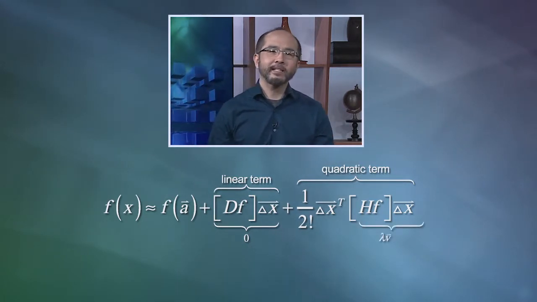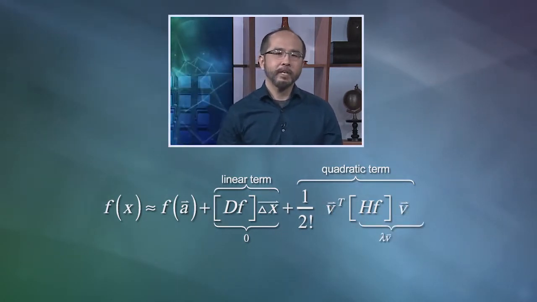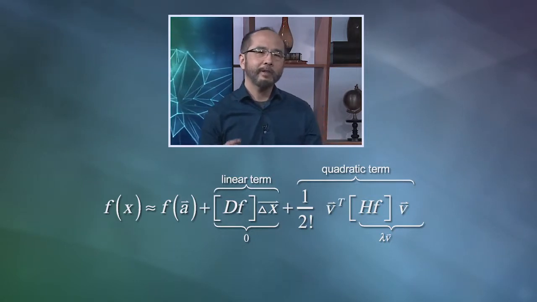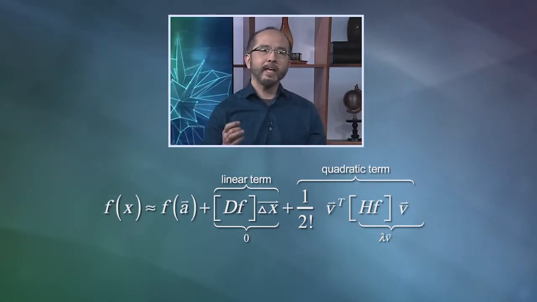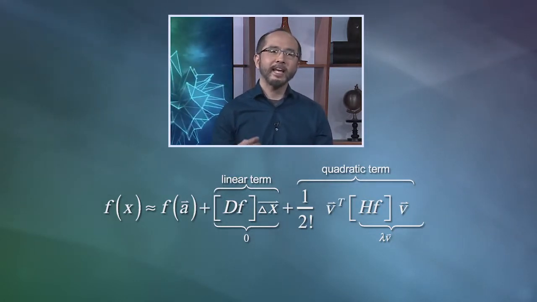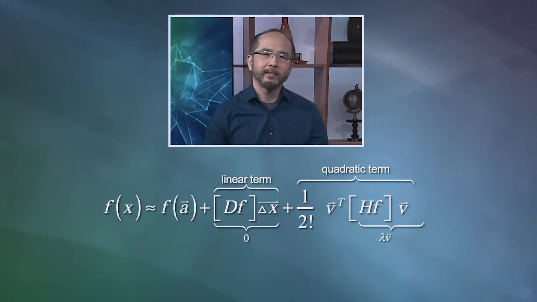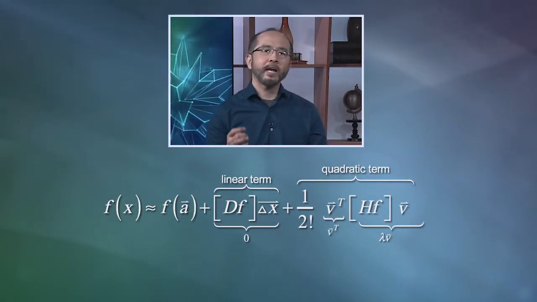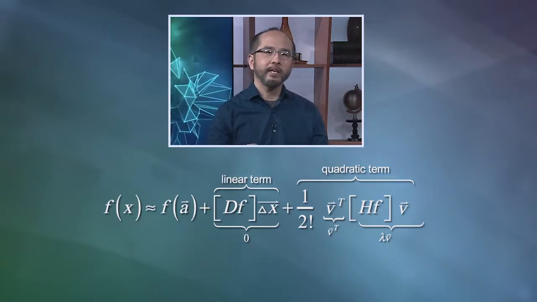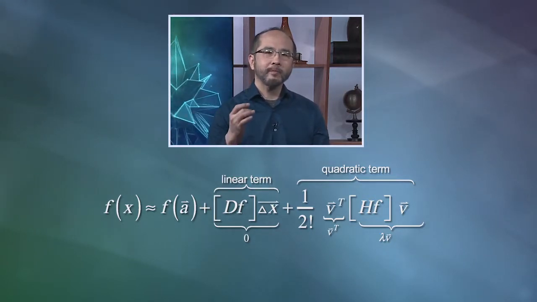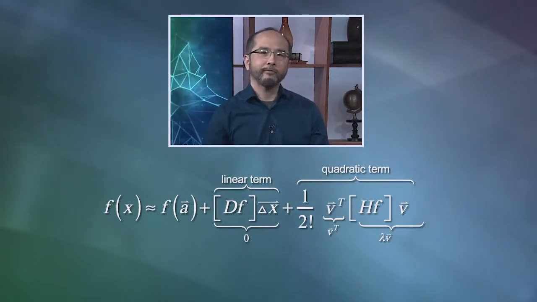So if delta x is an eigenvector v with positive eigenvalue lambda, then Hf acts on it like scalar multiplication by lambda. So we just get the dot product of the eigenvector v with itself times lambda and a half.